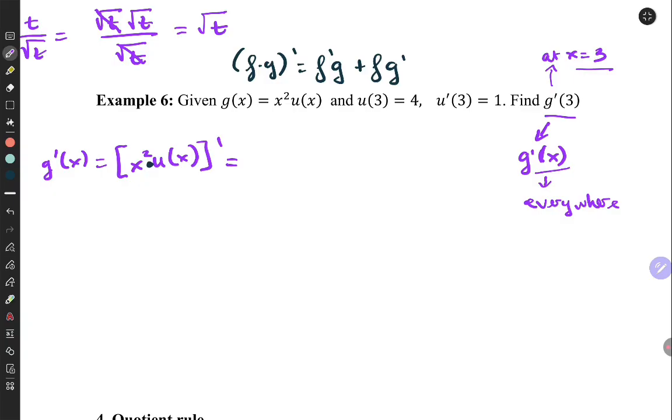They don't ask for u prime of 3, so that's wrong. Okay, good. Look, this is f, this is g. So write exactly like this, but for these two. Yes, if you have the derivative, plug in 3.